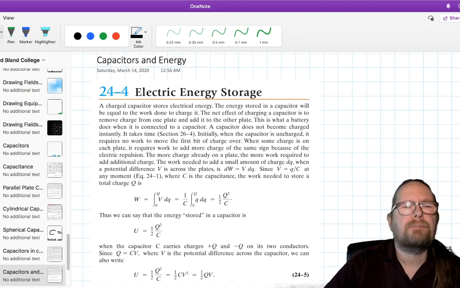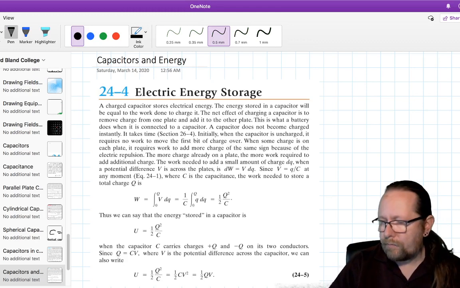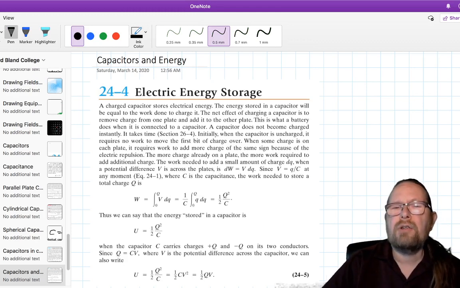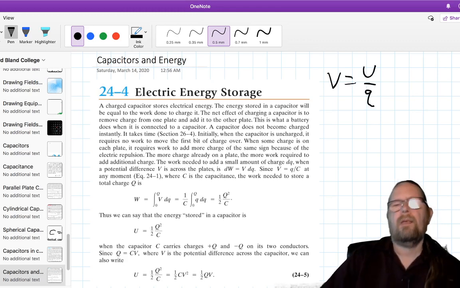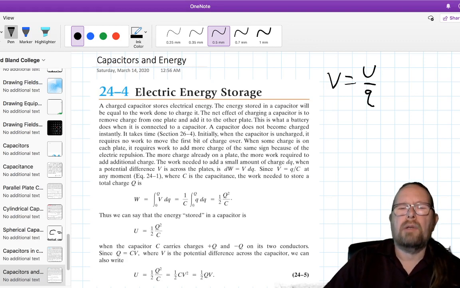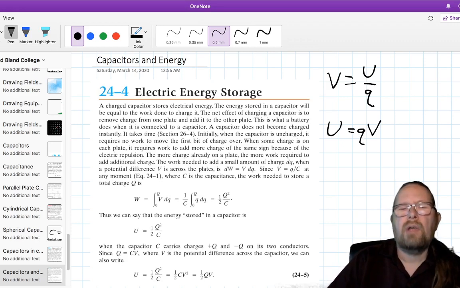Remember that we define electrical potential as the potential energy per unit charge. And if we want to think of potential energy of a charge, it is equal to the charge times the potential. If we ask ourselves, in order to fill up one of these plates with charge, how much total work does that take?